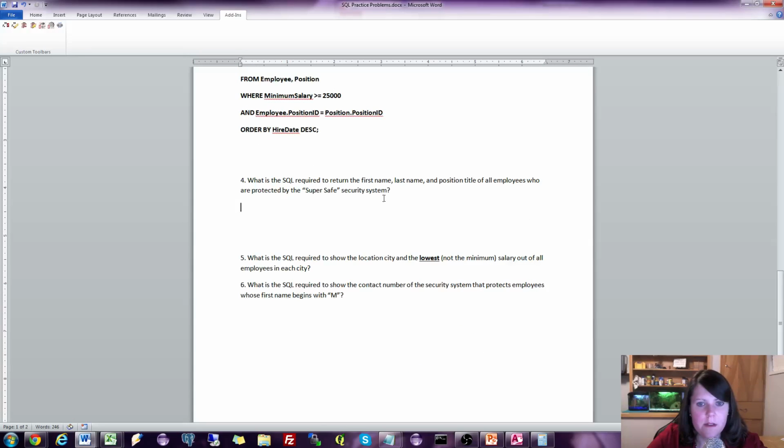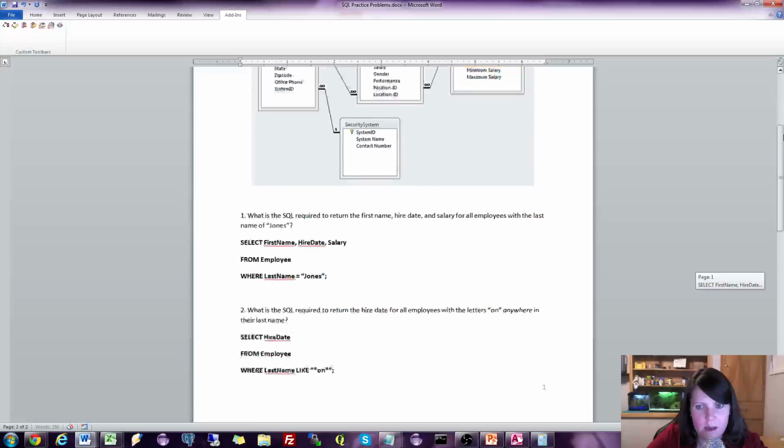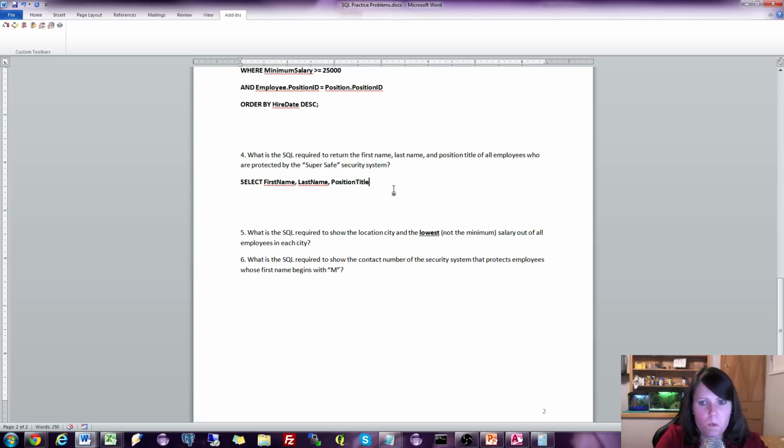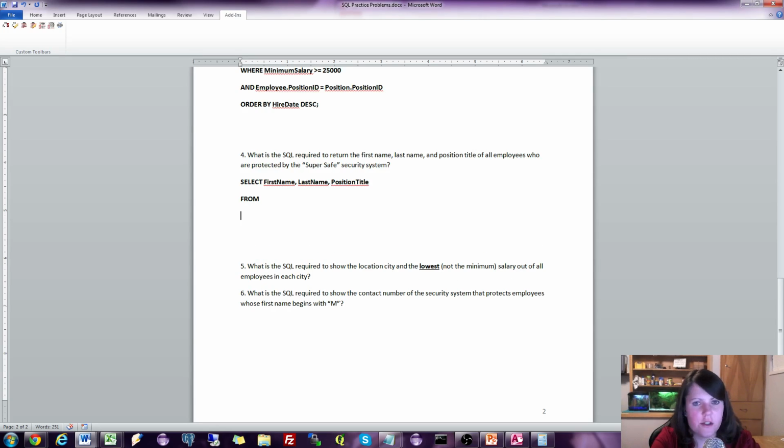So scroll back down. So I want, so select first name, last name, position title. Let me scroll up to make sure that's actually position title. So of all employees who are protected by the super safe security system. Okay, so this is a case where I'm going to have to bounce through multiple tables. So from, let's skip the from clause for just a second.